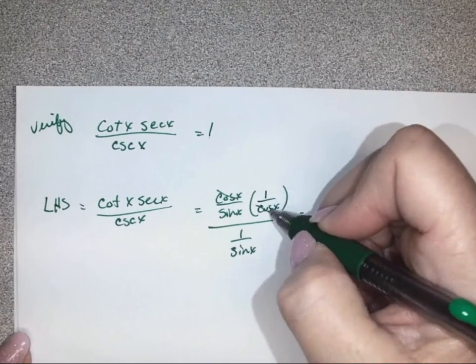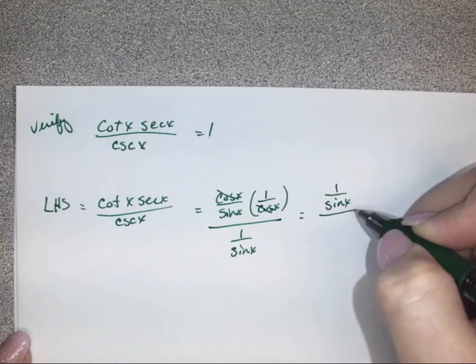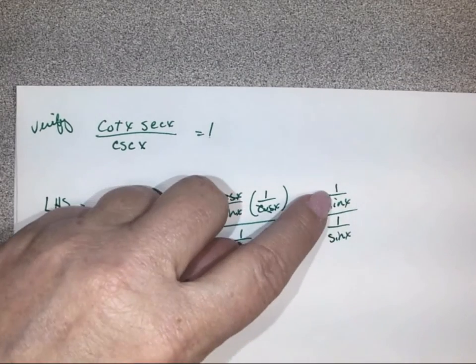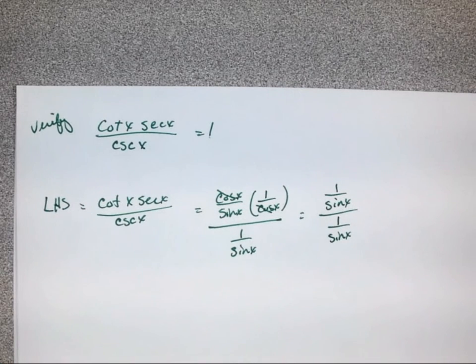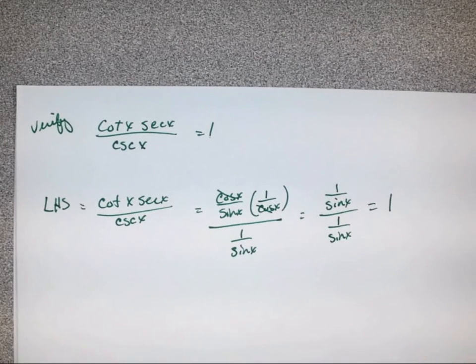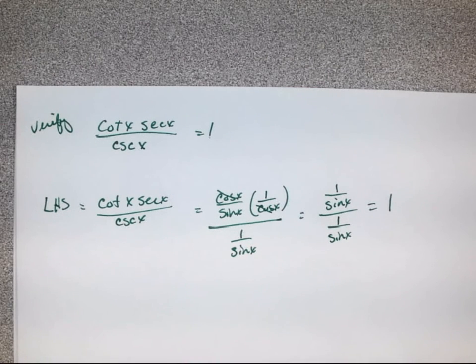The cosines will cancel up here, so I end up with 1 over sine x divided by 1 over sine x. Well, this is the exact thing over itself, so in that case you can go straight to the answer of 1. If you wanted to prove it, you could multiply by the reciprocal and they'll still cancel out. But if it's the same exact thing over itself, that equals 1.